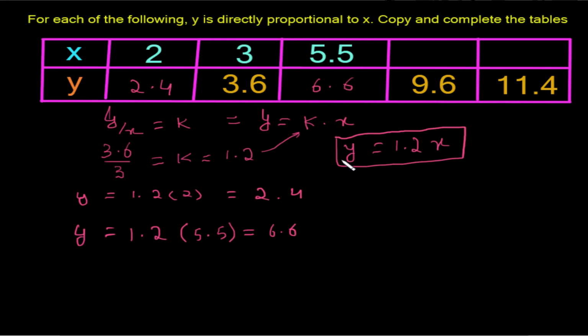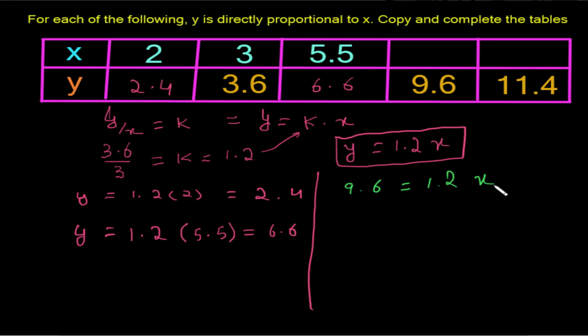Now it's time to find these two missing values of x. To do so, I will substitute these values into this equation. So y has a value of 9.6, and 1.2 will be as it is, and x is missing. So x will be as it is.